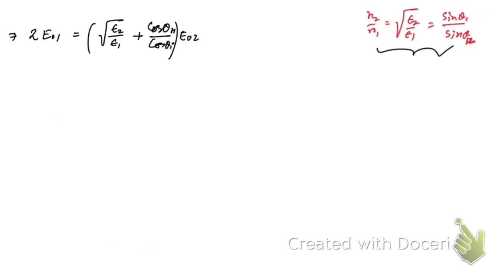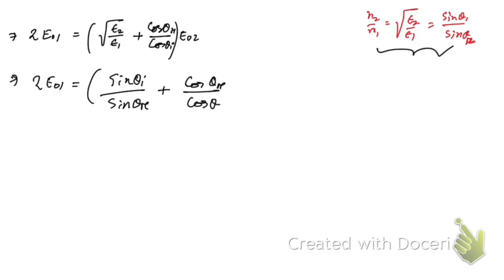Okay, we're going to use this. So using this, what we're going to get: 2 e naught 1. So here we're going to get sine theta I by sine theta r plus cos theta r by cos theta I, e naught 2.